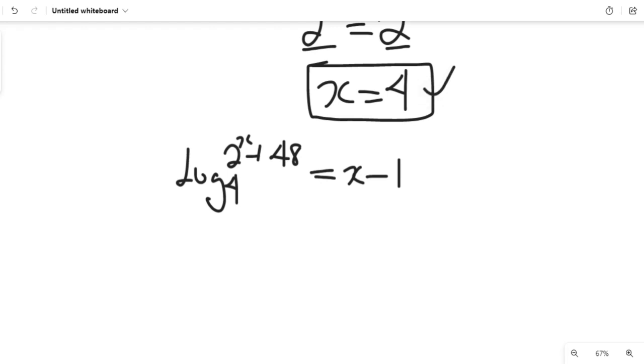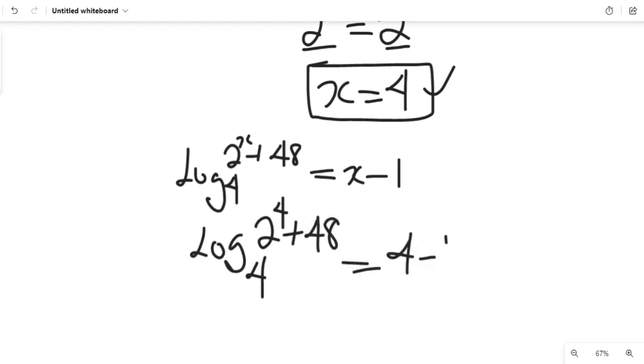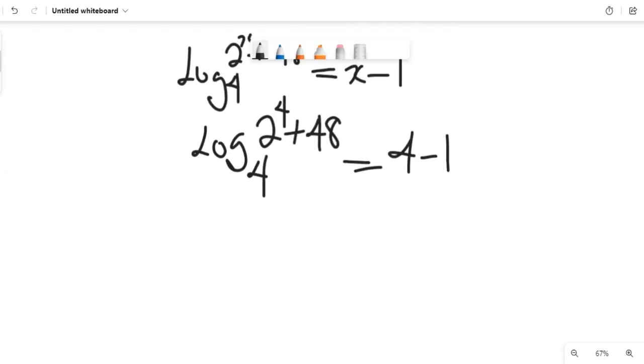So if our x is equal to 4, we insert it here, we're going to have log base 4 of 2 to the power of 4 plus 48 to be equal to 4 minus 1. So the right hand side will automatically give us 3.